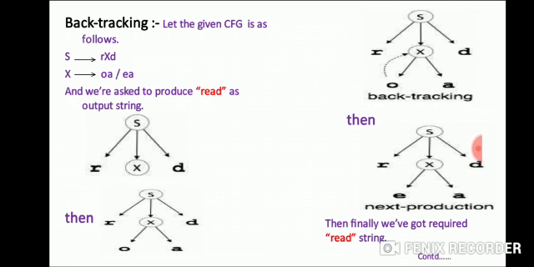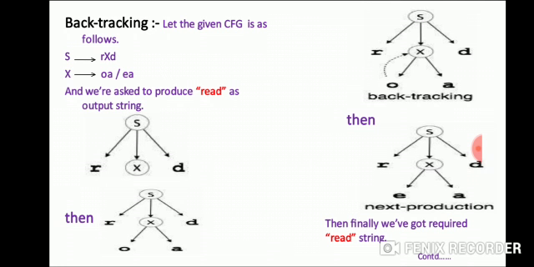As the backtracking parser starts from the root node, we'll start with the very first production, the one having the start symbol. In this grammar, it is S. S has only one production, so we'll go with it. S produces RXD.